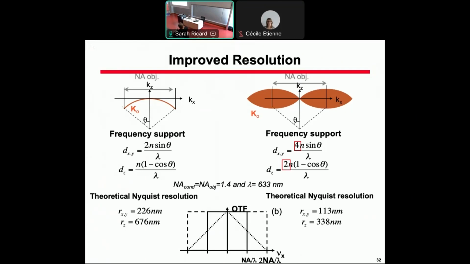frequencies are transmitted. In fact, in a holography microscope, because we work with coherent imaging, we theoretically have a constant transmission over this extension. In a normal transmission microscope, we double the extension like here, but the high frequencies are attenuated.